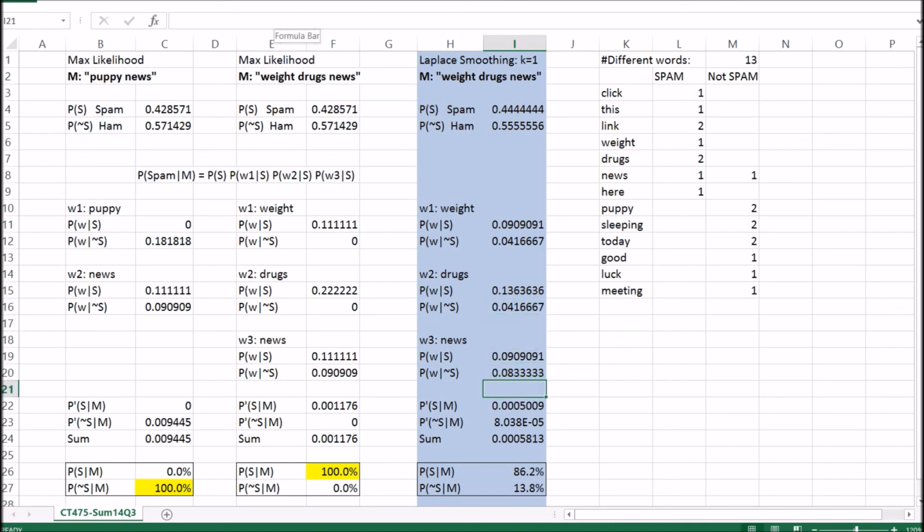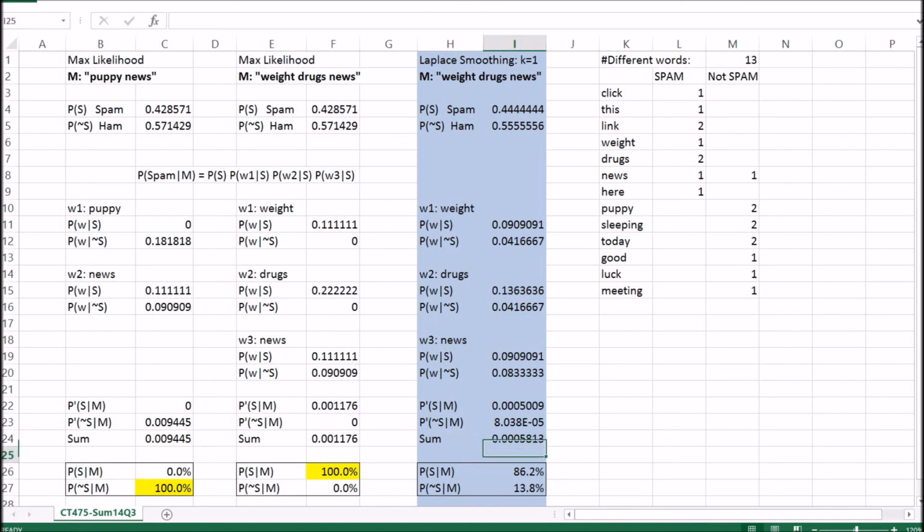Likewise, we modify news in the same way, and we now calculate our overall unnormalized probability of spam given the message, which is this number, and the overall non-normalized probability of not spam given the message, which is this number here.